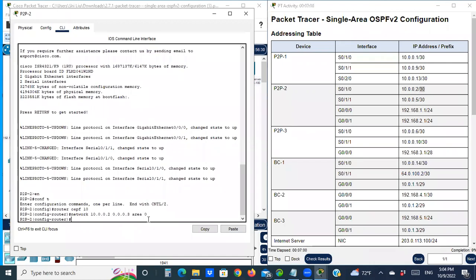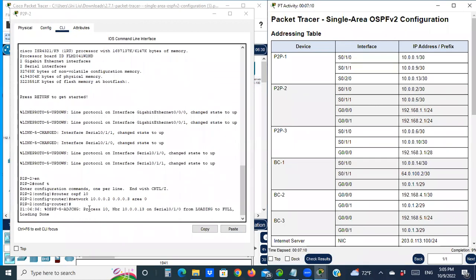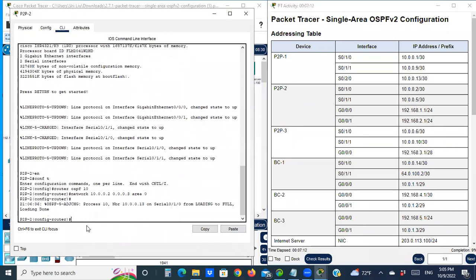Area 0. This is the first network. The second one is 5. Let's change to 5.